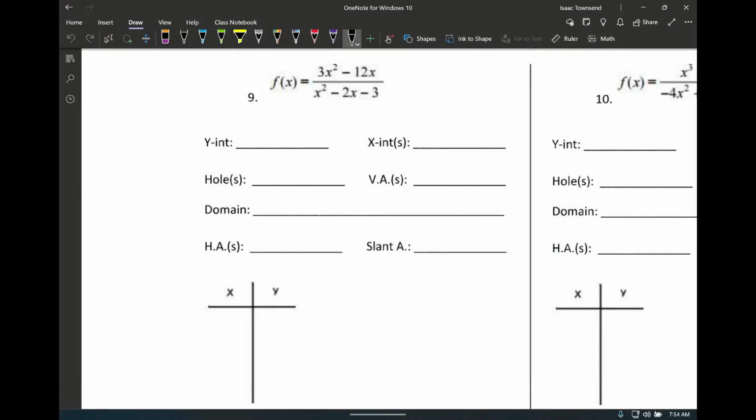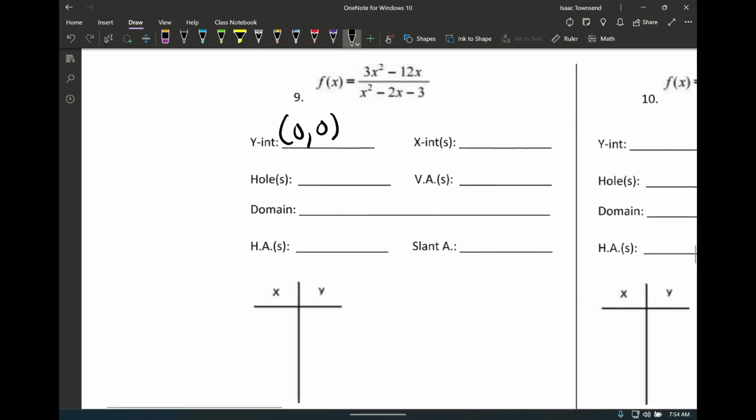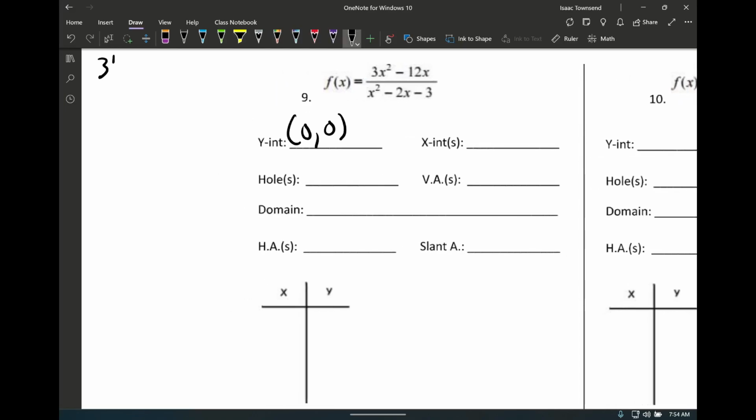Okay, so let's see, y-intercept, you should have gotten (0, 0). Plug in 0 for x and solve for y. You ended up with 0 divided by -3. For x-intercepts, holes and vertical asymptotes, I'm not going to make the same mistake I made a minute ago. I'm going to factor a little bit more carefully.